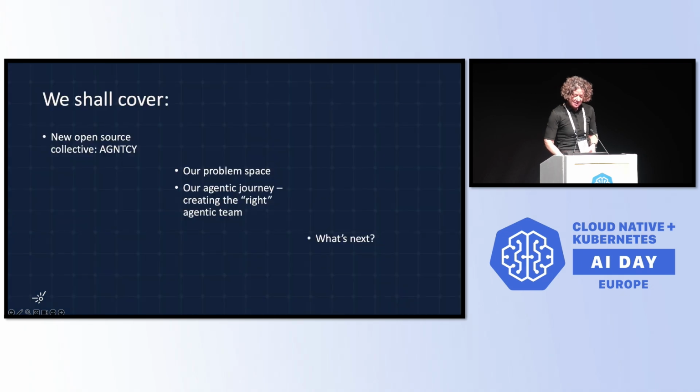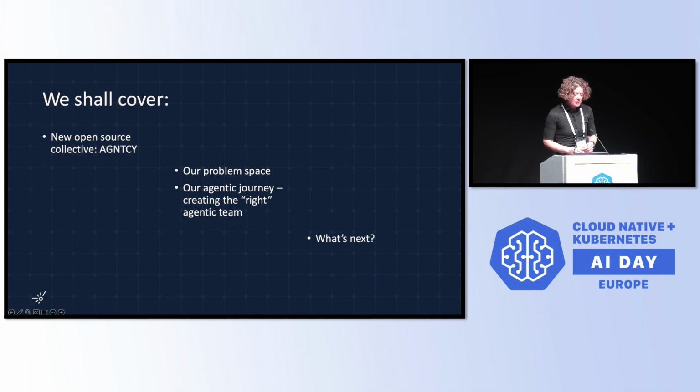I'm going to start a little bit with something that I'm also going to end on. We've just introduced a new open source collective. We've got a couple of major companies who are buying in on this so far. I'm going to talk about that really briefly.